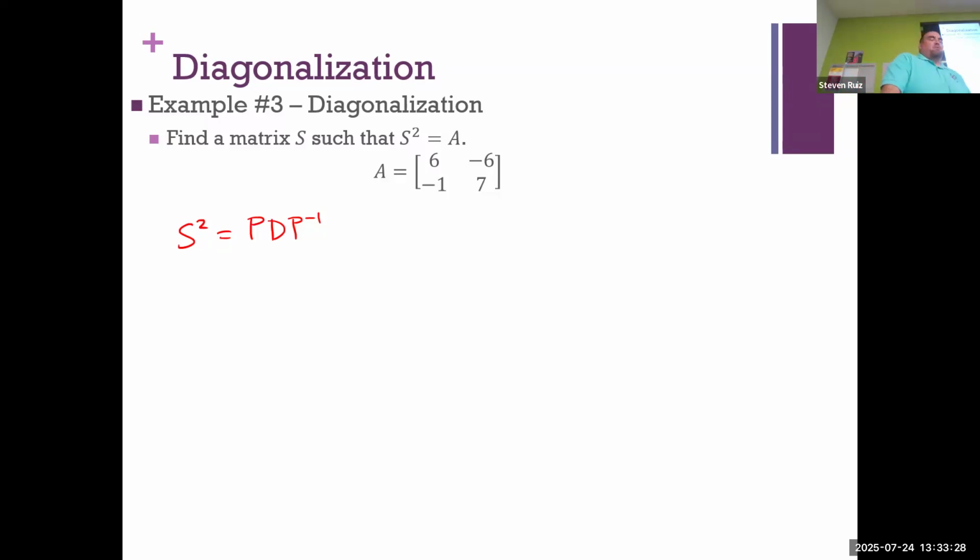Is there a matrix I can multiply by itself to get A? How do you take a square root of a matrix, though? You believe we can?